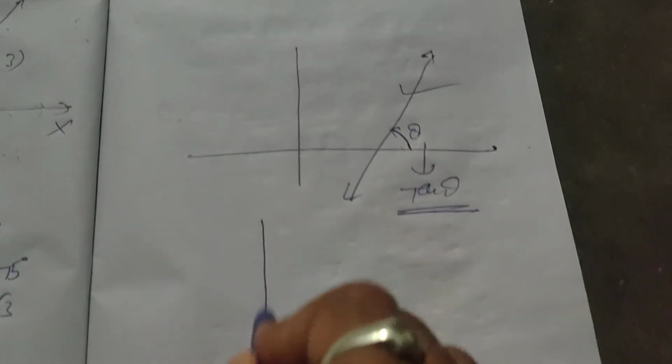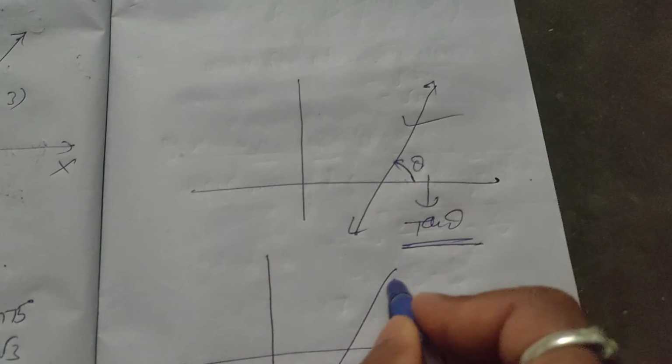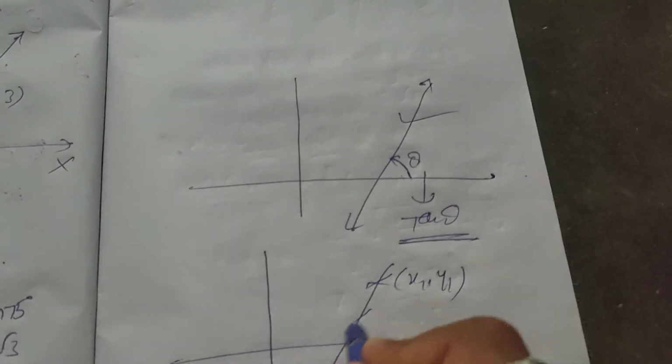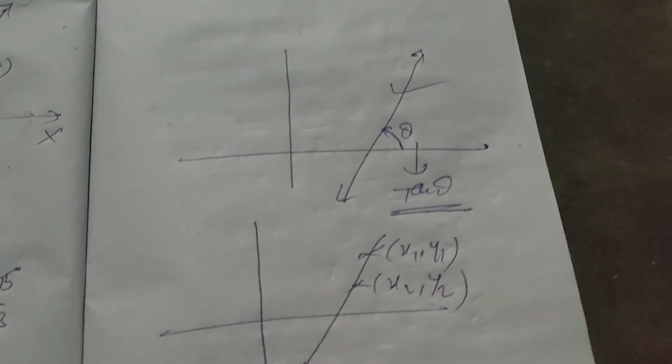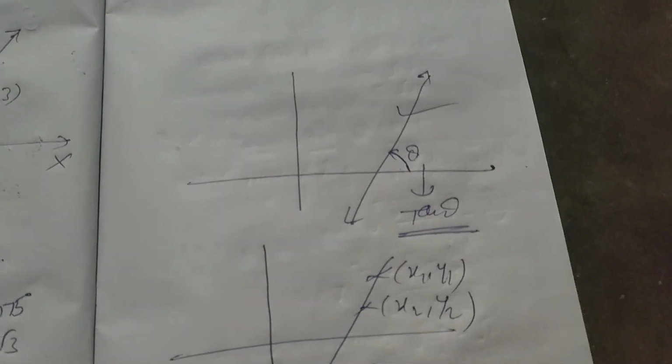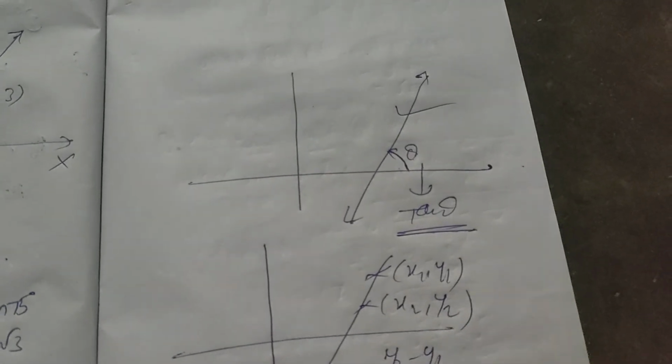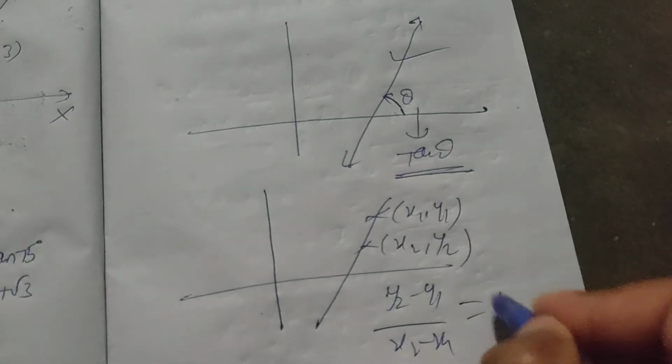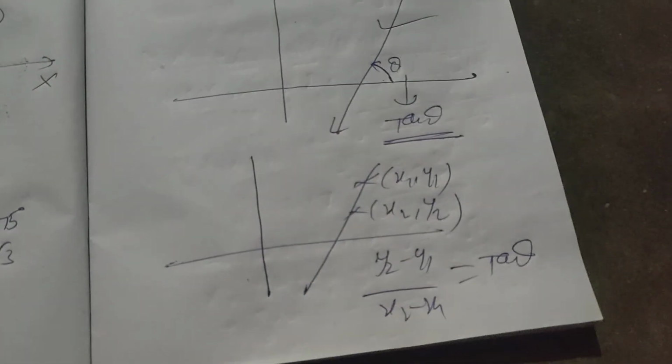Or, if x1, y1 and x2, y2 are any two points on this line, then the slope formula is y2 minus y1 by x2 minus x1. If you equate these two, tan theta is equal to y2 minus y1 by x2 minus x1.